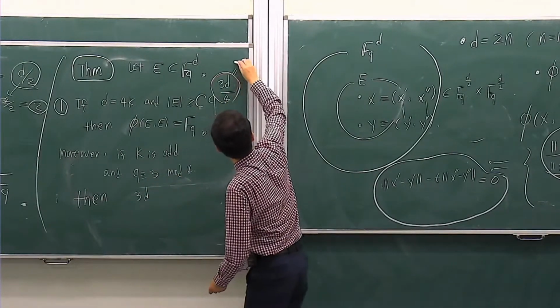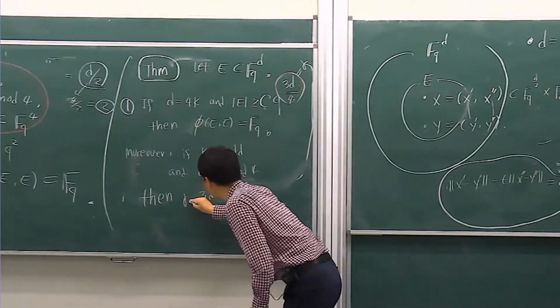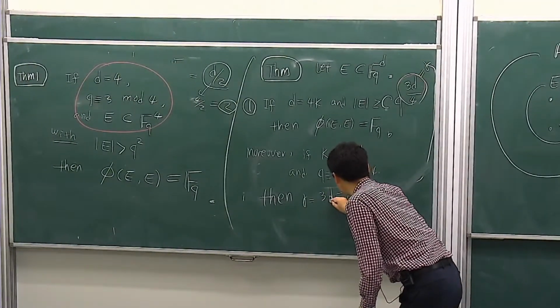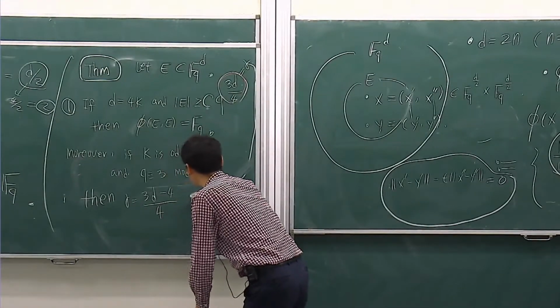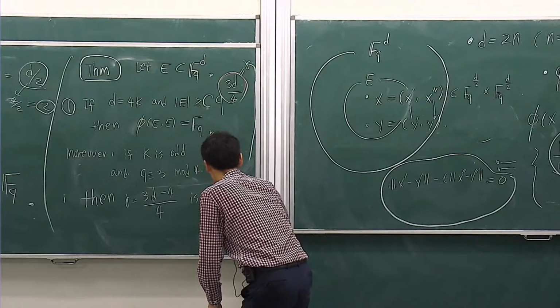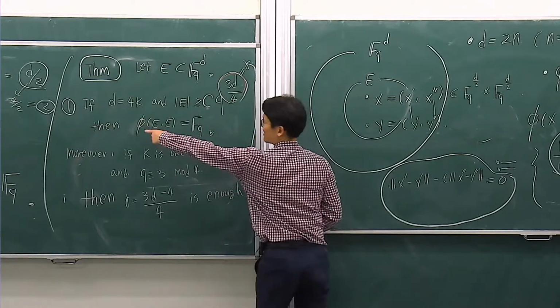Let me call this exponent gamma. So here gamma is 4. A lot of improvement, right? It's enough to get this conclusion.